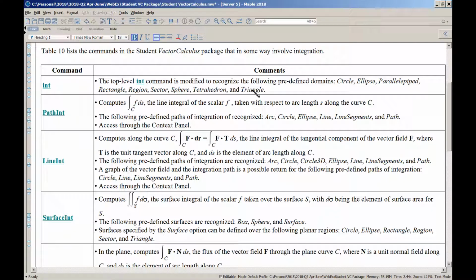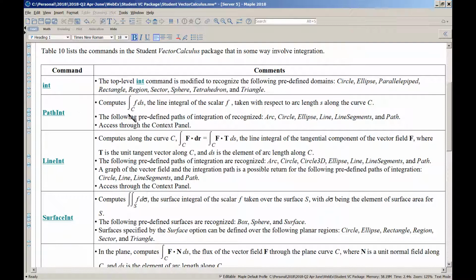Sphere, tetrahedron, triangle. The syntax is different because of these predefined domains. And in the top level, little int evaluates immediately, and capital Int is the inert form of the integral. You don't have that inert form here. You do it with an option: output equals integral.